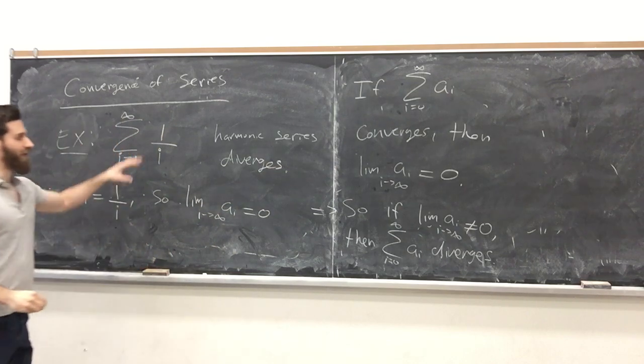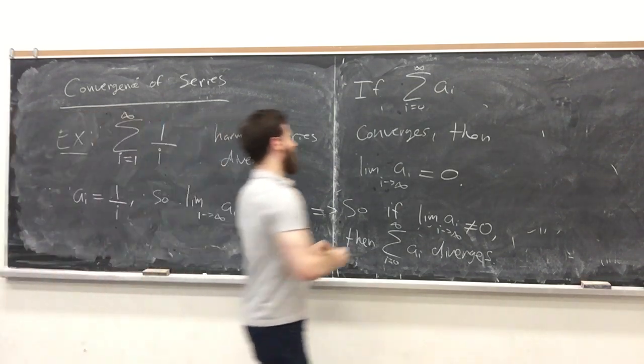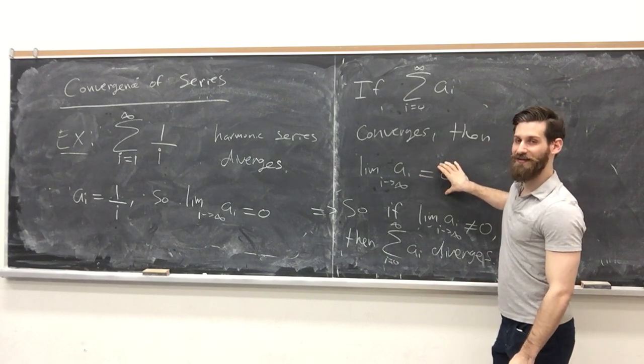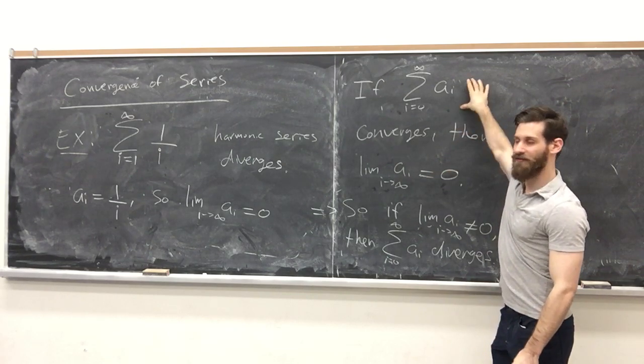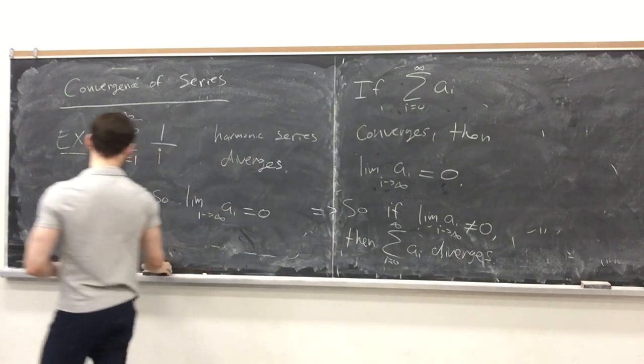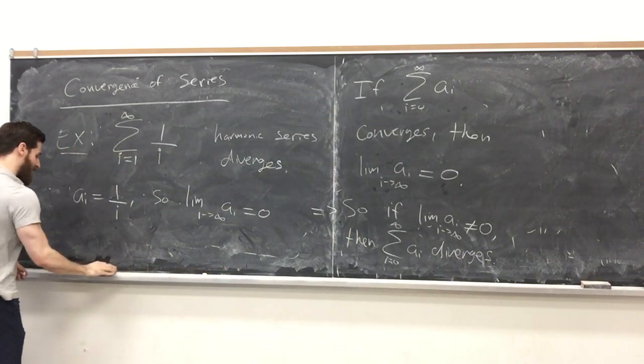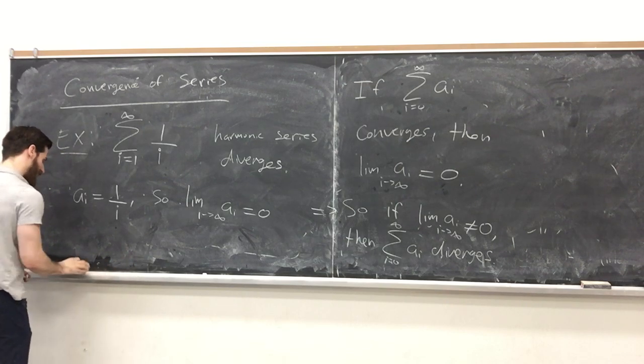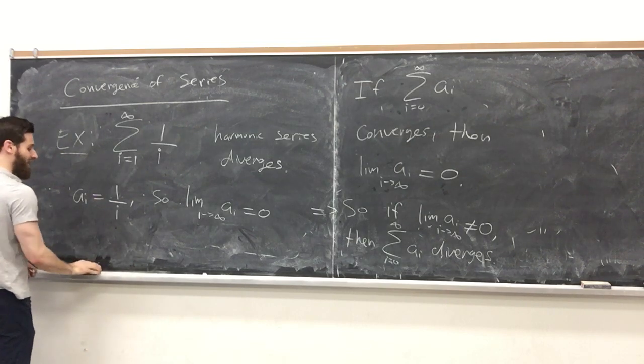Okay, so this is important to understand. If this converges, then this is 0. But if this is 0, it does not mean that this converges. So make sure you understand this, and this is a good example to know.